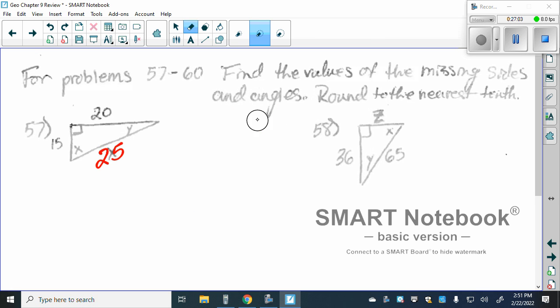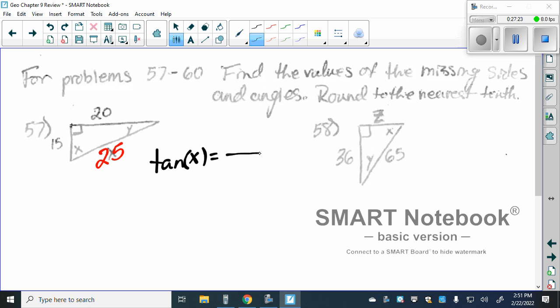Now, at this point here, we're going to need to find one of the angles, and we're going to be using our tangent inverse, sine inverse, or cosine inverse. Well, we have all three side lengths, yes? So does it matter which one that we use? No. So if I pick, say, tangent of angle x, that's opposite over the adjacent. So the opposite side for angle x is 20.